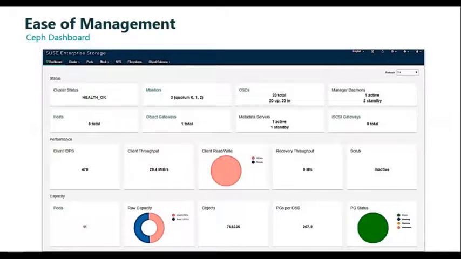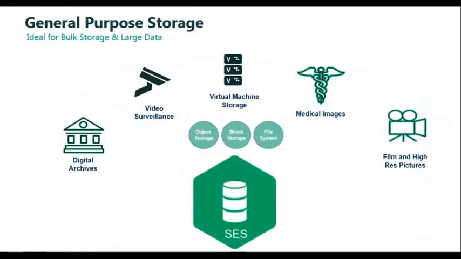Now, as we have seen the features and the way it is licensed and managed, let's look at what use cases we can address. So SUSE Enterprise Storage, being a truly unified software-defined storage, becomes a general purpose storage for any and every type of data storage requirement.